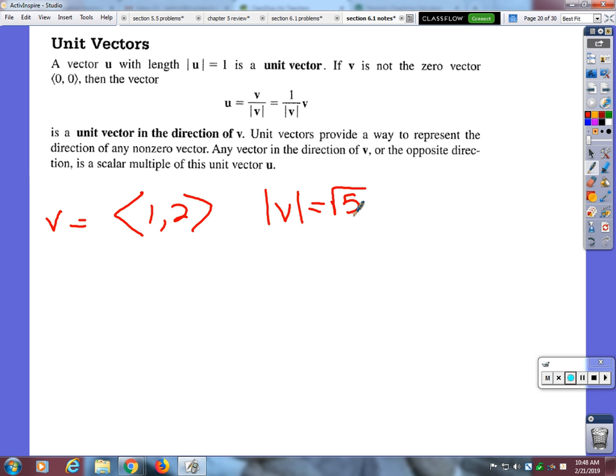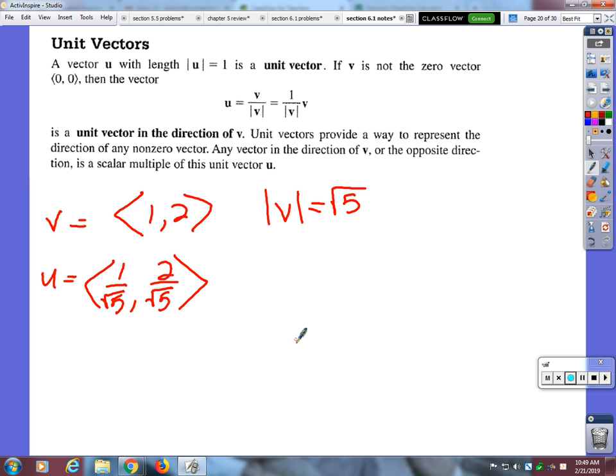Okay, so if I wanted a unit vector that's going in this same direction, I would take my original vector that Emma gave me and divide each one of the pieces by the magnitude, which in this case was the square root of 5. So it would be 1 over the square root of 5 and then 2 over the square root of 5.